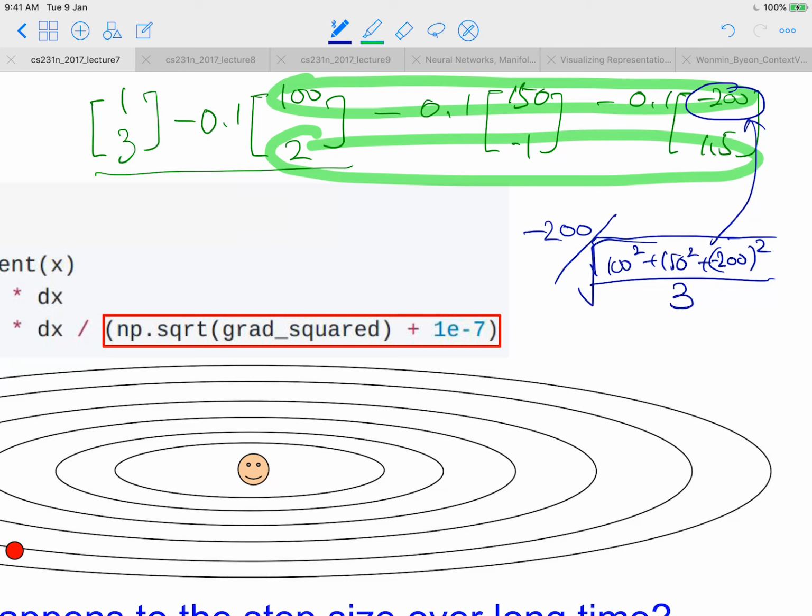Although it is not the exact formula because we are using a running average that assigns a different weight on different time step samples, right? But yeah, this is the rough idea.